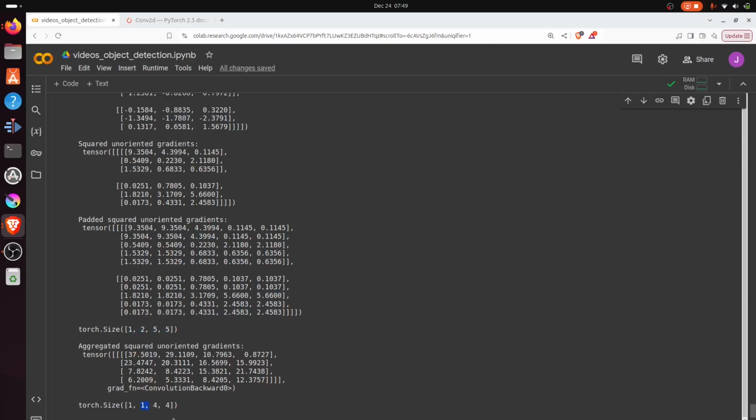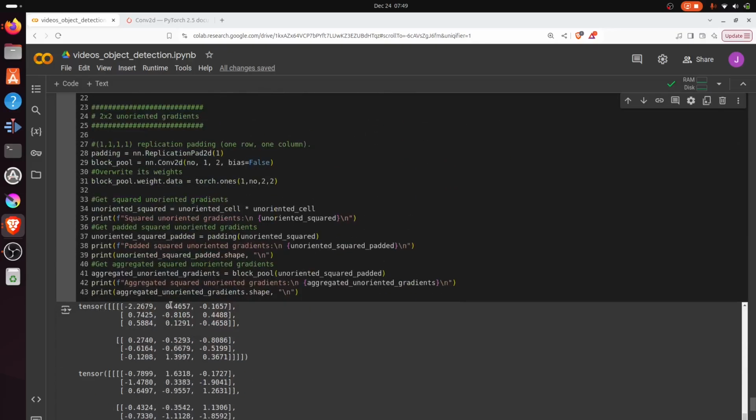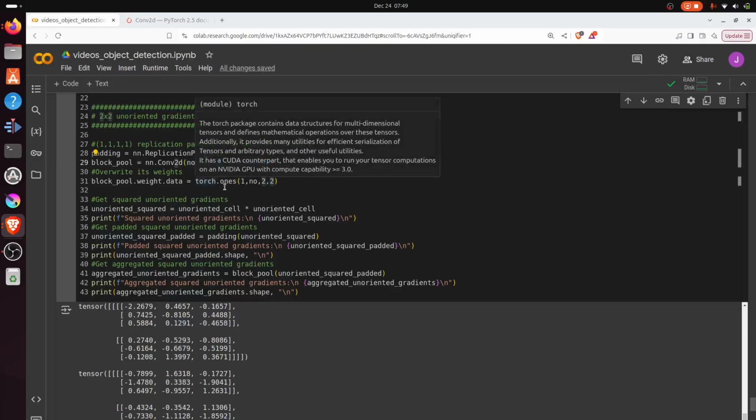So what happened is that we essentially applied this aggregation, but how does it work really? Well, to understand that, we need to see what layer we're using to perform this aggregation, and that layer is the block pool. The block pool is actually a convolutional layer that has an in channel of number of orientations, out channel of 1. Then remember that this was the kernel size, and that's all.